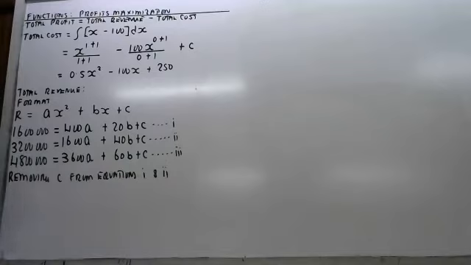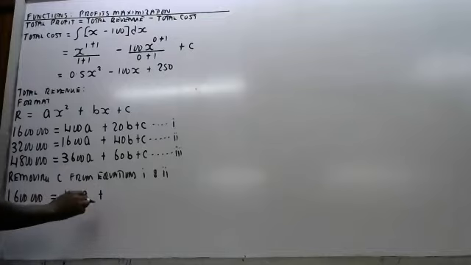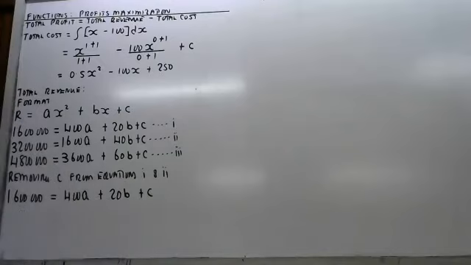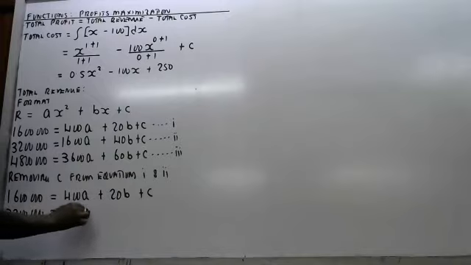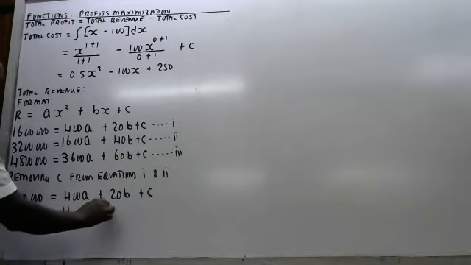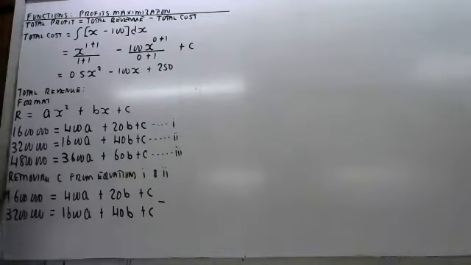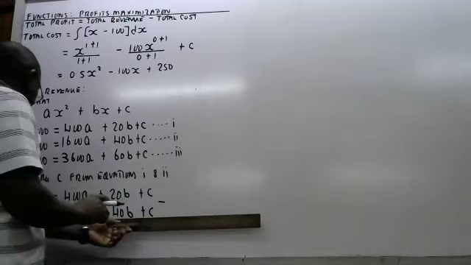Removing C from equations 1 and 2, I will have 1.6 being equal to 400A plus 20B plus C, and then 3,200,000 equals 1,600A plus 40B plus C. So I'm saying we subtract so that C disappears.